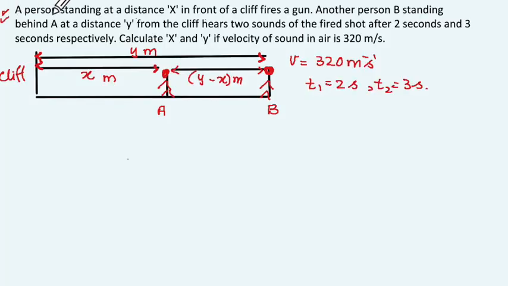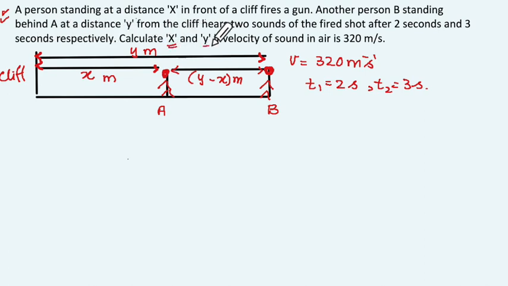So our question reads, a person A standing at a distance x in front of a cliff fires a gun. Another person B standing behind A at a distance y from the cliff hears 2 sounds of the fired shot after 2 seconds and after 3 seconds respectively.